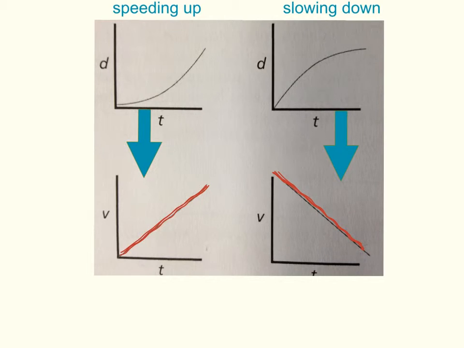If a position time graph shows that an object is speeding up, the shape of the line on a velocity time graph is always going to look like that. If on a position time graph the object is slowing down, the shape on the velocity time graph is always going to look like that. So you can start figuring out these graphs by figuring out the patterns. These graphs always go together.